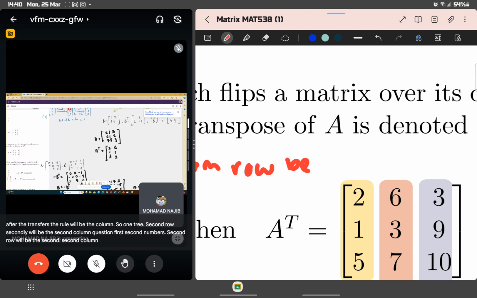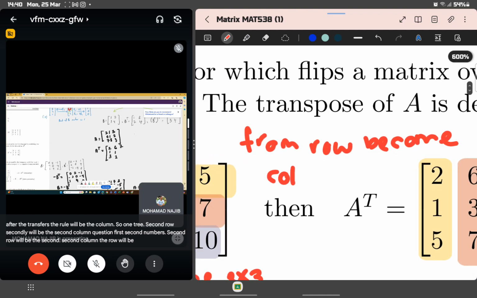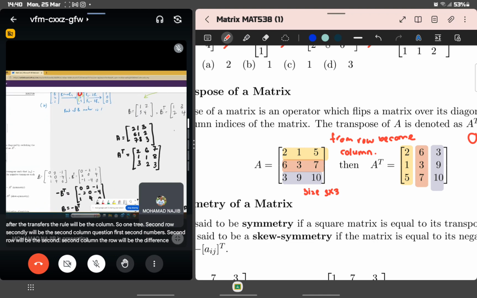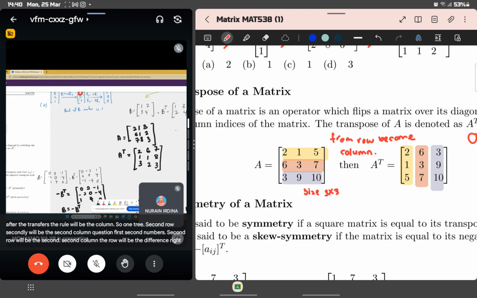Third row will be the third column. Ini dia punya transpose dia. Okay, dapat tak kat situ? Right. Dapat. Contohlah kalau saya ambil ni, cuba tengok lah. Katalah saya ambil A ni.